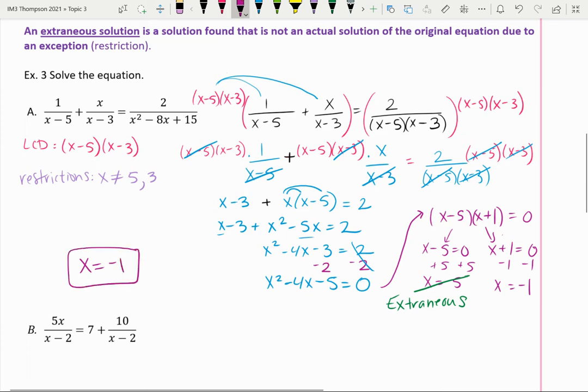So the only answer is x equals negative 1. That problem's a lot. That's about the hardest it'll get on your test. Don't worry, we're going to do some more practice.